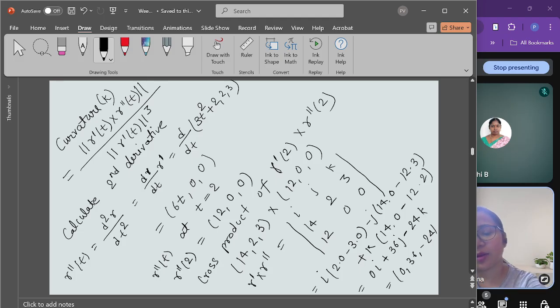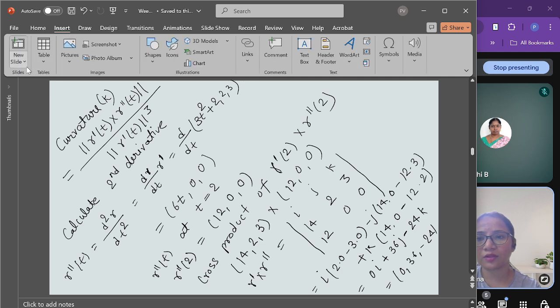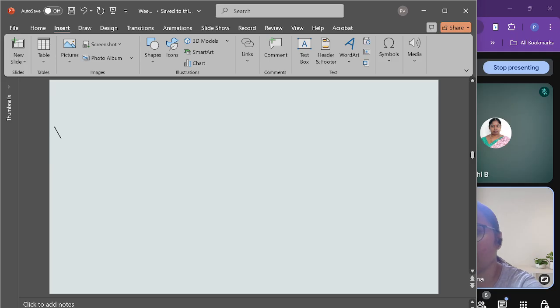Now it is in the mod form, so we have to calculate the magnitude of this cross product also, because it is written as the magnitude of r dash t cross r double dash t. Whatever points we have got, 0, 36, minus 24, we have to take the mod of this.